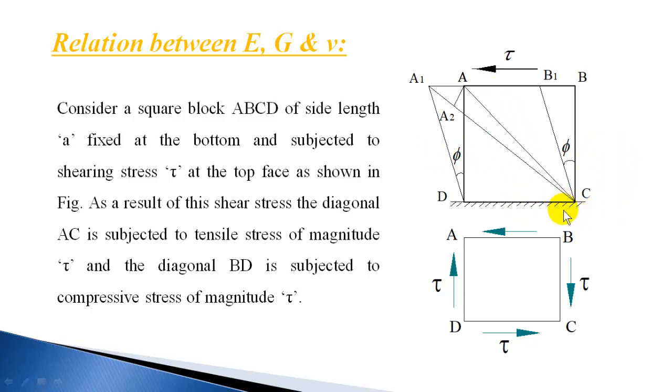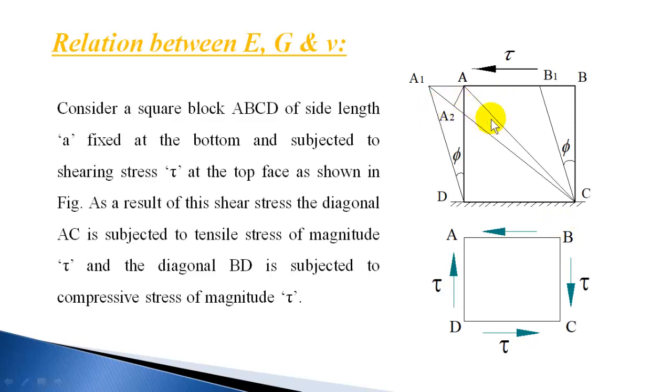Now this fixed end will also exert a reaction. Because of this force, the block will try to rotate in the anti-clockwise direction. That will try to lift the block from here and press the block downward. So when the block tries to lift from here, there will be a downward force acting here. The fixed end will exert a pull in the downward direction.